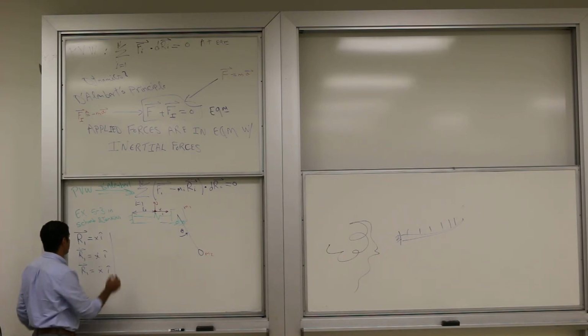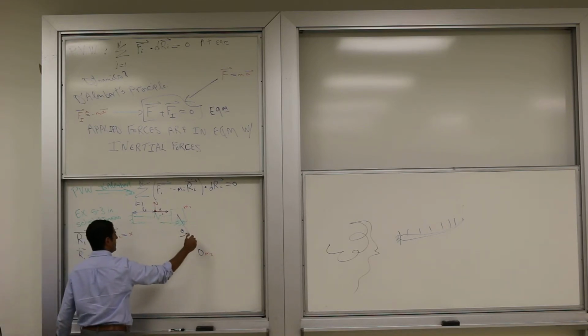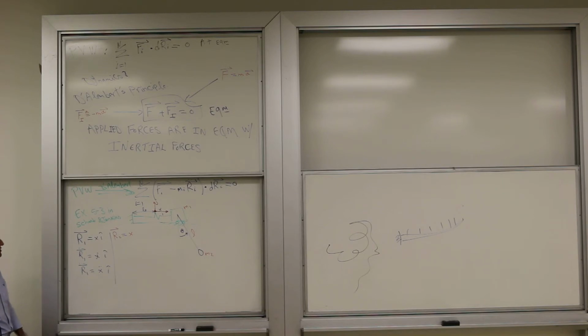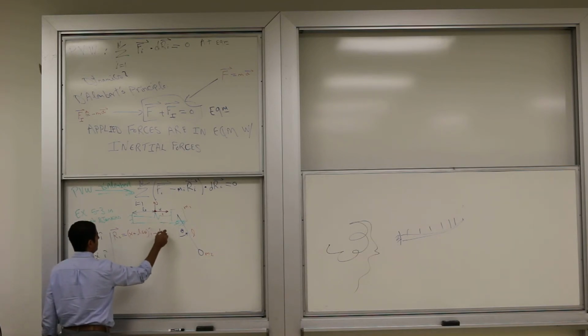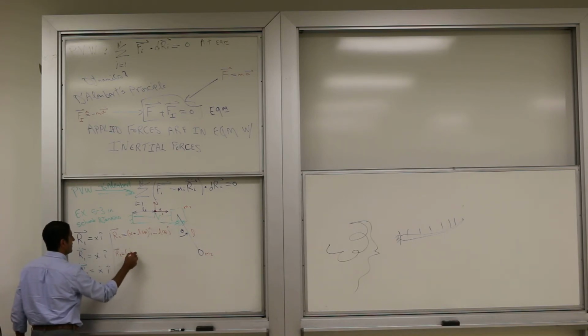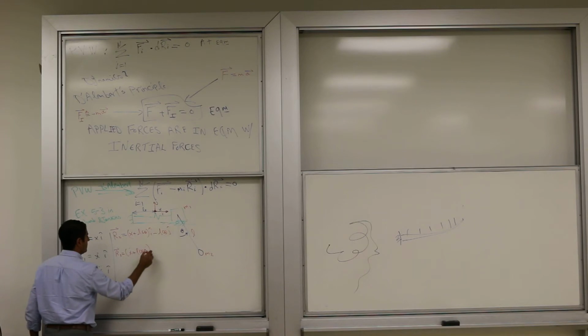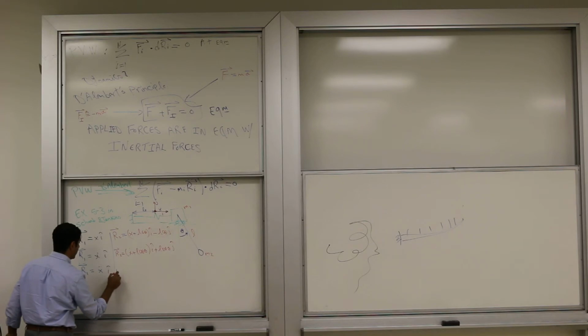For the other mass, R2 is x in the I direction, and then L cosine and L sine. If you want to do it in this frame, I and J, or it's up to you if you want to do it in the tangential and normal. I'm going to continue with I and J, so this is x plus L sine theta in the I minus L cosine theta in the J. Differentiate once, this is not bad. x dot plus L cosine theta theta dot in the I plus L sine theta theta dot in the J. Differentiate twice, here is where it becomes a little bit tedious.